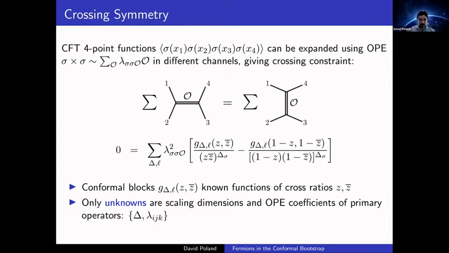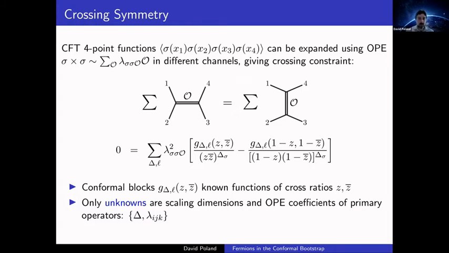And we can write this as a very concrete equation, because the contribution of each operator O in the OPE can be captured by a certain kind of special function called a conformal block, G of delta and L. These conformal blocks depend on the 2 conformal cross ratios that you can build out of 4 points, the 2 combinations of the 4 points that are invariant under any conformal transformations.